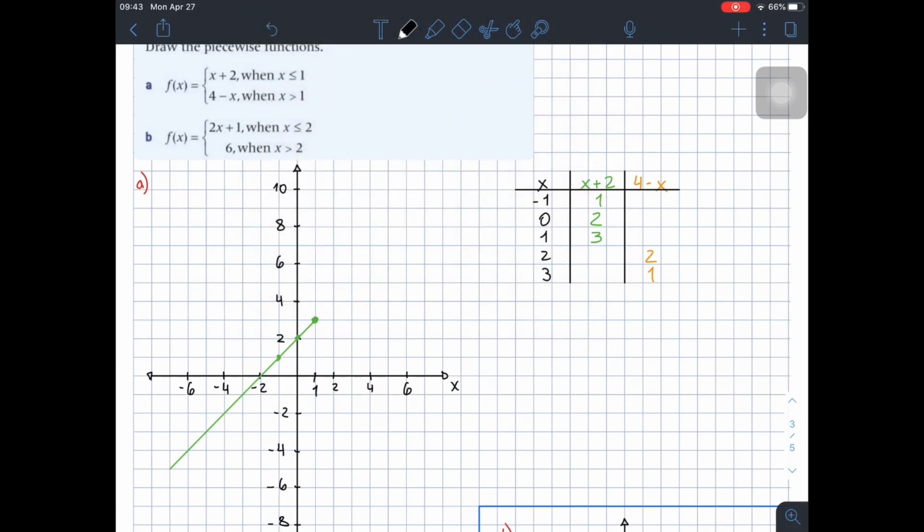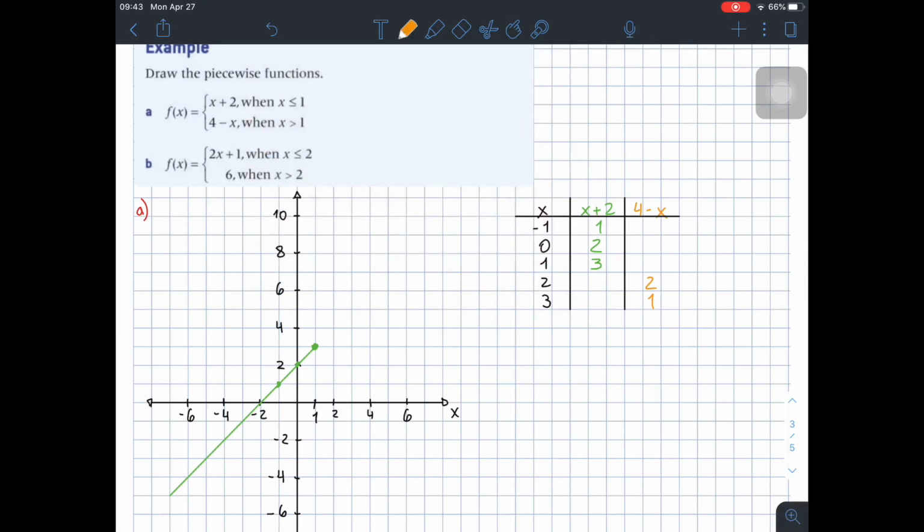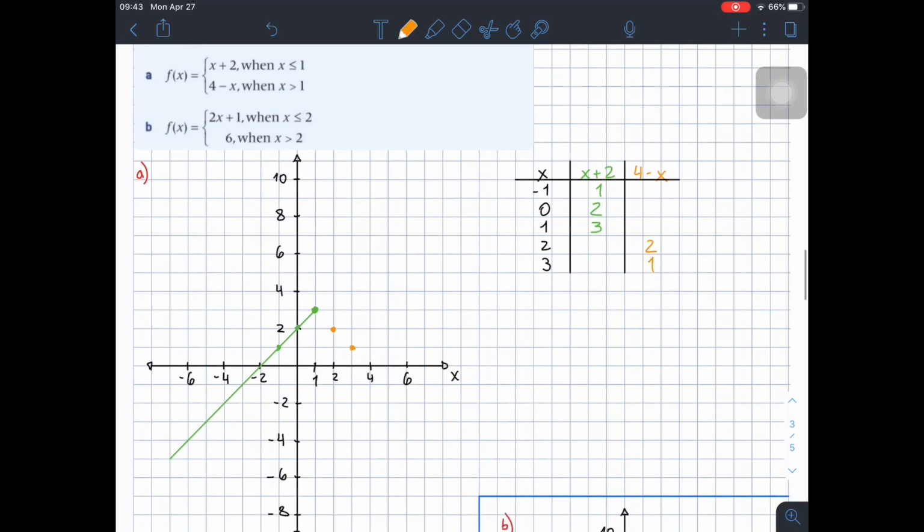Then for the second equation, I need to plot the values 2 and 2. 2, 2, that's here. And the value 3, 1 is right here. So then we need to join the points and extend this as it is a straight line.